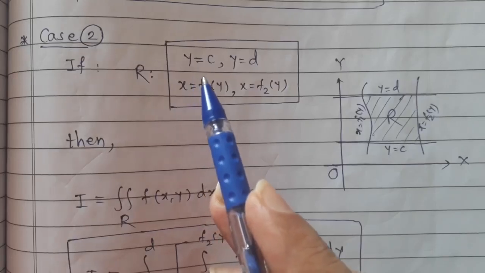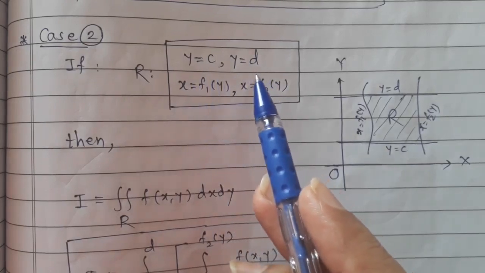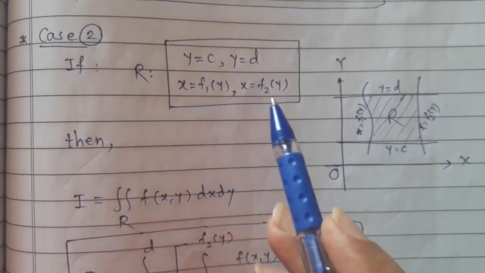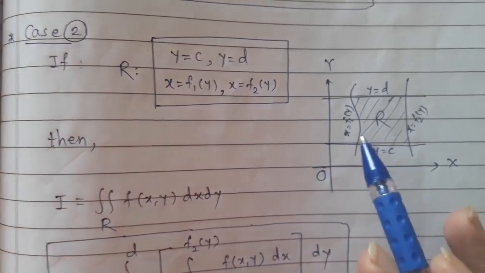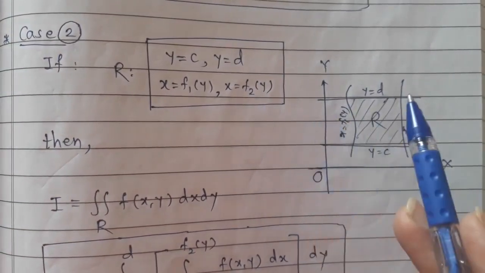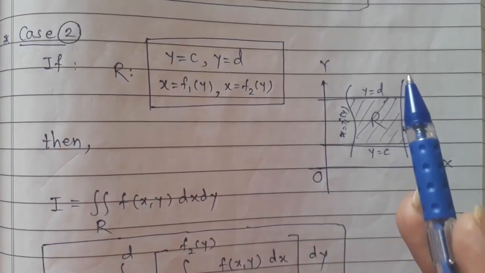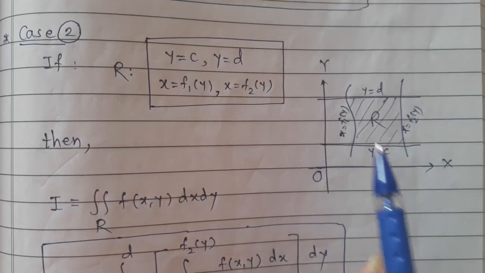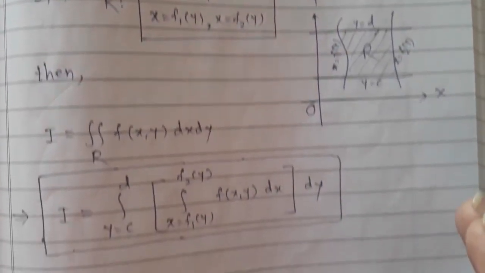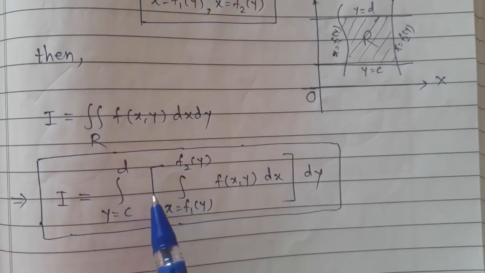Second case, if the limits described are y equal to c to y equal to d, x equal to f1(y) to x equal to f2(y), we can draw this as the lines y equal to c and y equal to d, and the curves x equal to f1(y) and x equal to f2(y). Here the limits of y are constants, therefore we will give the second preference to the integration with respect to y.